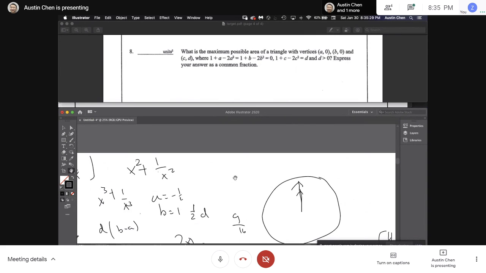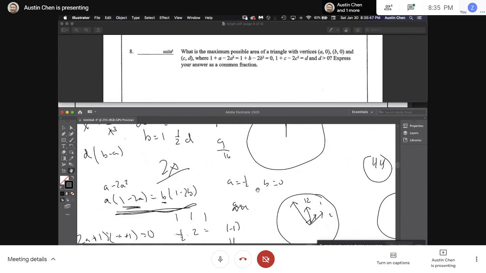It's because they're on this parabola, right? So they can be equal on opposite sides of the parabola, or they can be equal to each other at the same point.